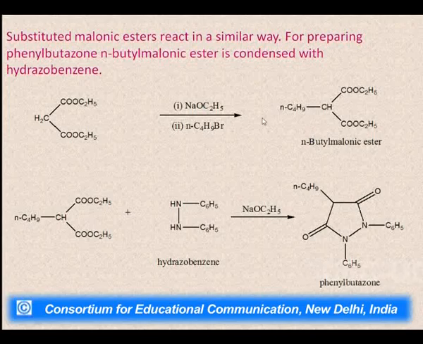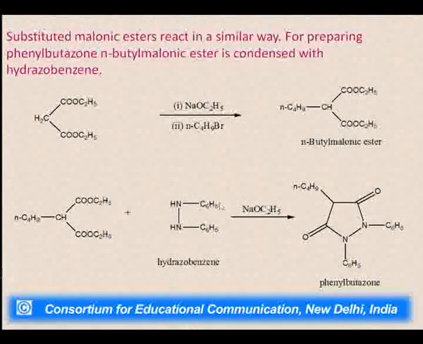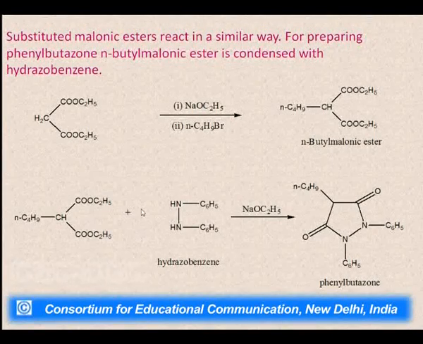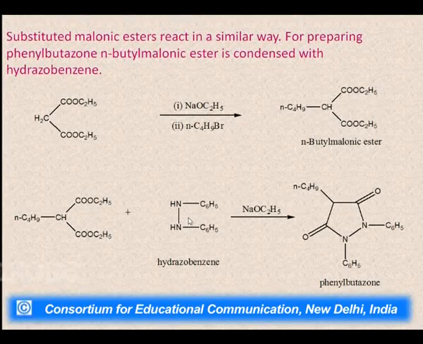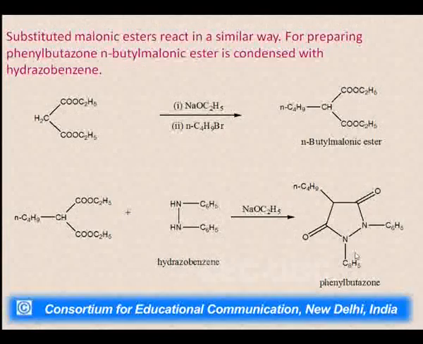Now, this substituted malonic ester will react with hydrazobenzene in the similar way we have discussed earlier. In the presence of sodium ethoxide, the cyclization of both these products will take place in an addition reaction, and we will get here the phenylbutazone.